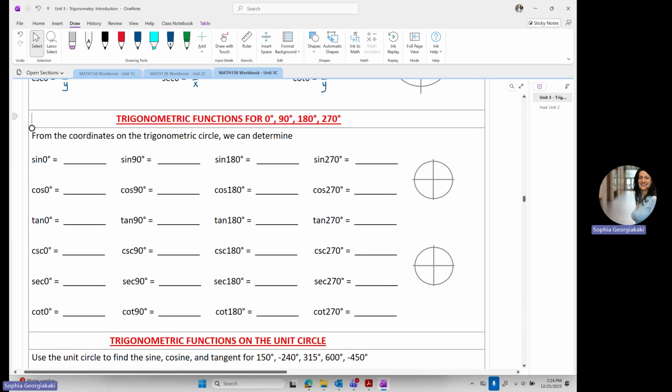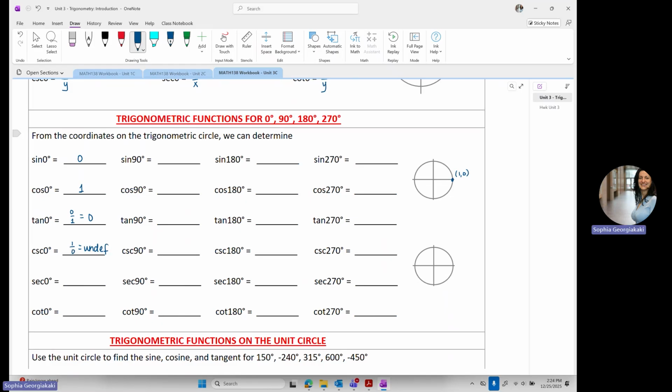So from this unit circle, we can now discuss trigonometric functions for the multiples of 90 degrees. So when we are at the point (1, 0), the sine is the y coordinate, the cosine is the x coordinate, the tangent is y divided by x, 0 divided by 1 will be 0, the cosecant is 1 over the sine, 1 over 0 is undefined.